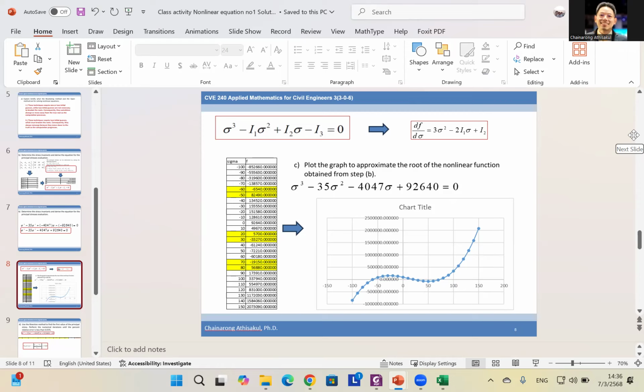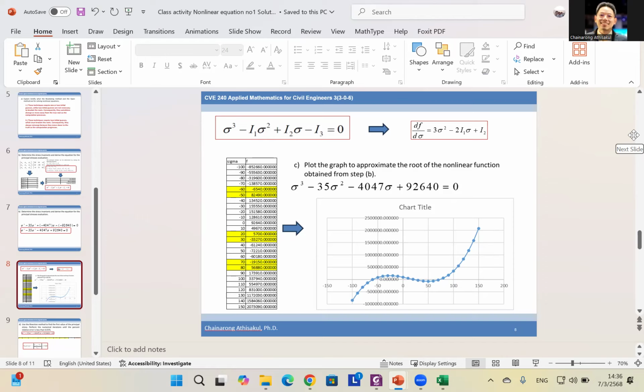Actually, you can use the calculator to guide you, because your calculator can solve the nonlinear equation, right? This is just a recommendation, because in the paper exam you have no tool for the graph.